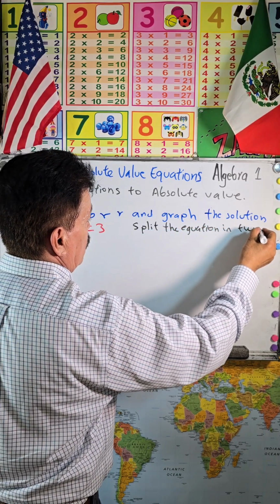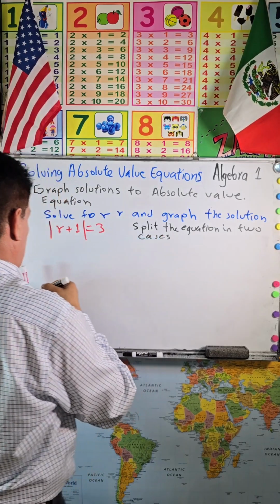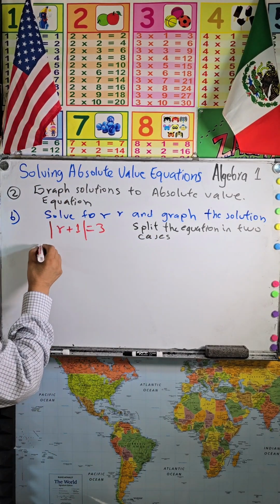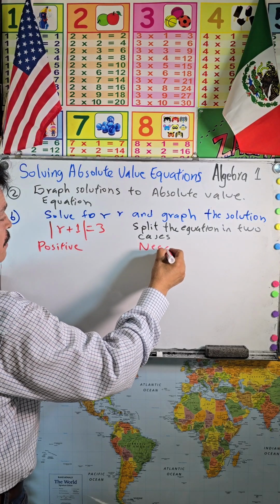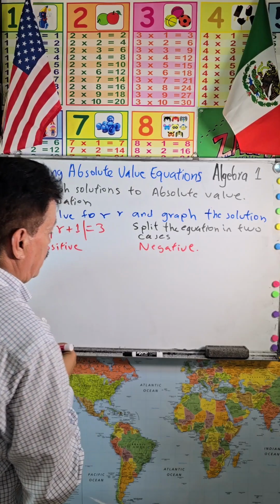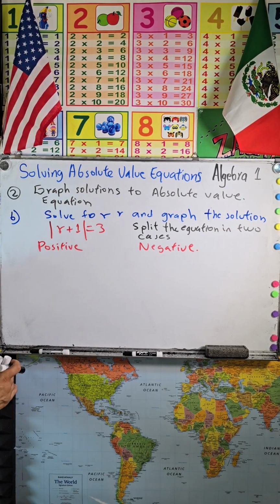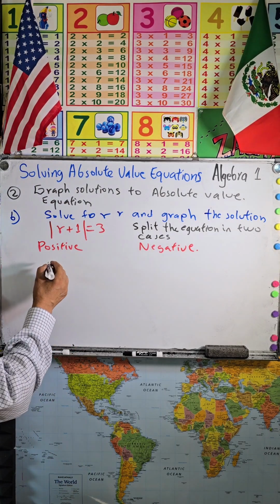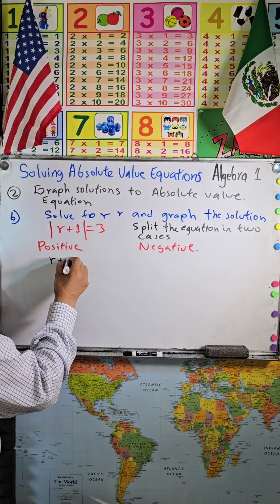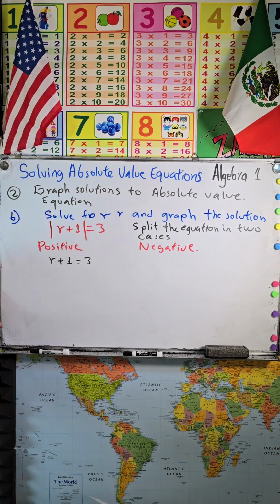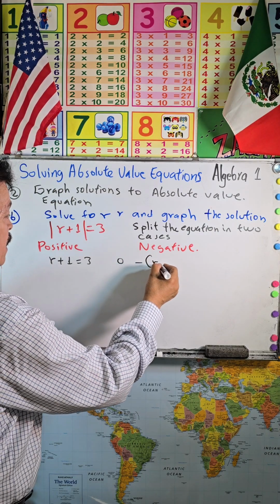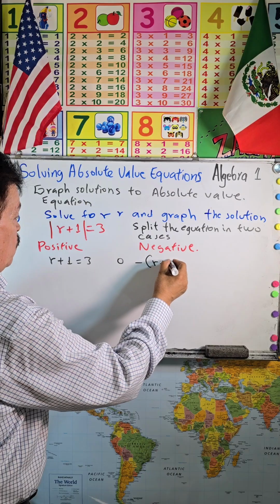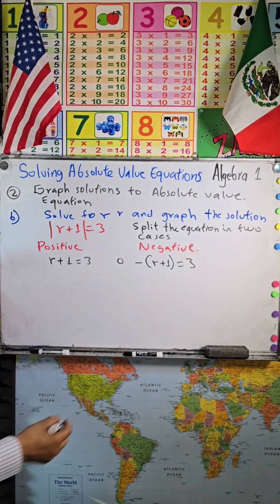One positive and the other negative. In the positive case, we will have r plus 1 equals 3, or in the negative case, negative (r plus 1) equals 3. That's 2 cases. First, we have to solve the positive case.